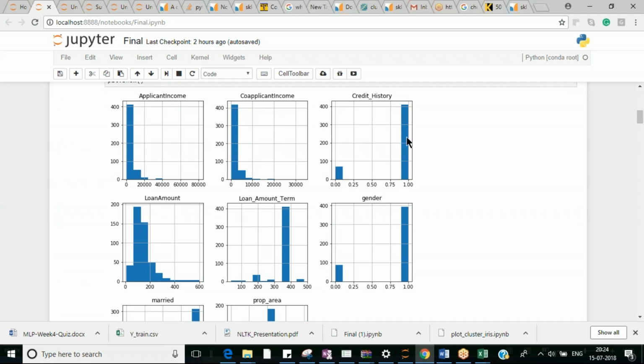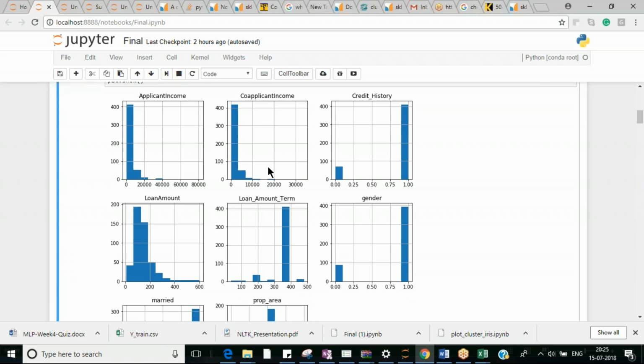Let's say you have around 410 observations in yes, and around 70 or 80 odd observations in no. So this is okay. It's a 1:4 distribution, 25% here and 75% there. Not a very bad one. Sorry, 20% and 80%. It's not a bad distribution.